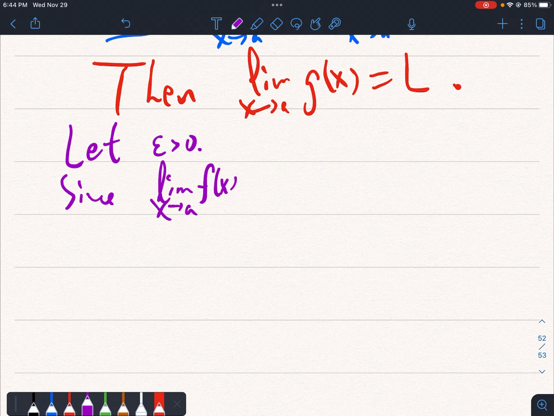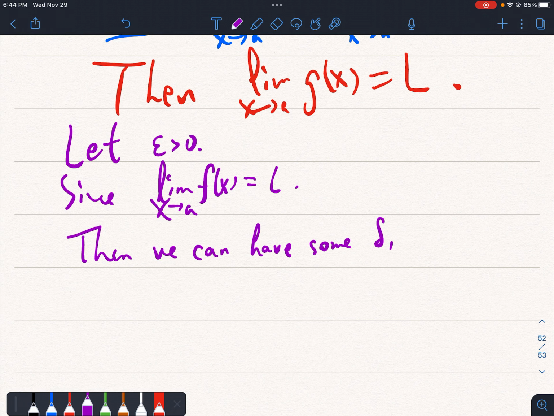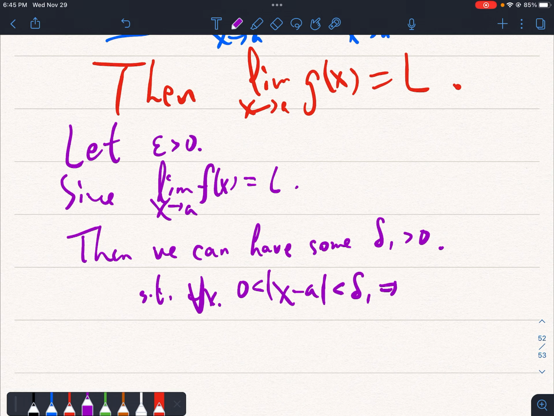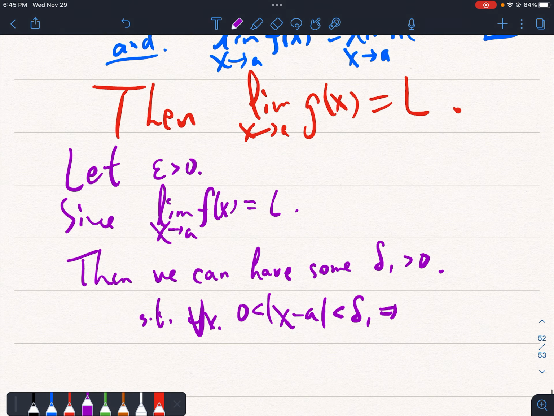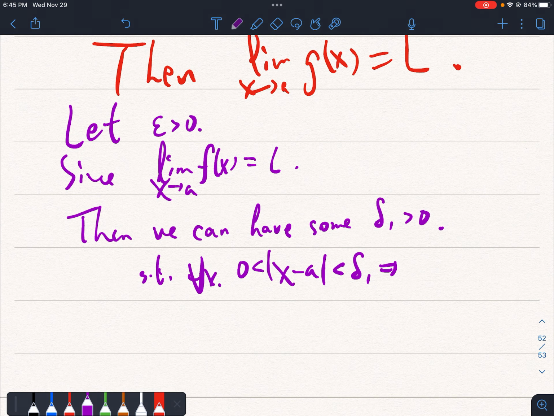We can just let epsilon be bigger than 0. Since the limit of f of x at this point is L, we can have some delta 1 bigger than 0, such that for all x, if the difference between x and a is less than delta 1, then f of x must be less than L plus epsilon and bigger than L minus epsilon, right?